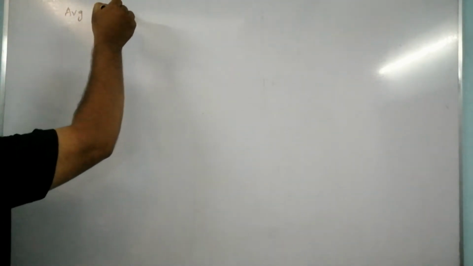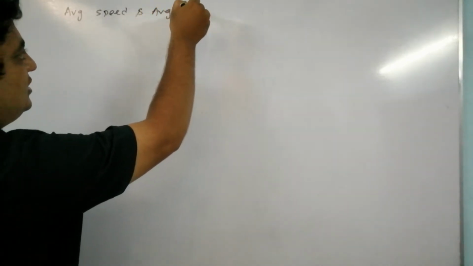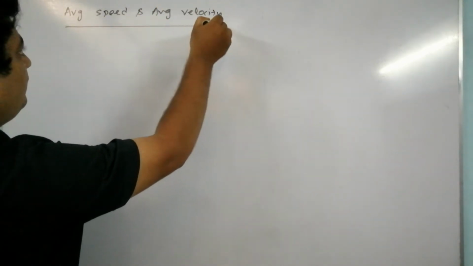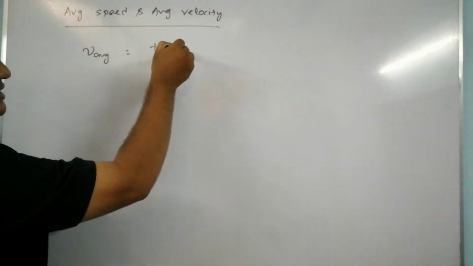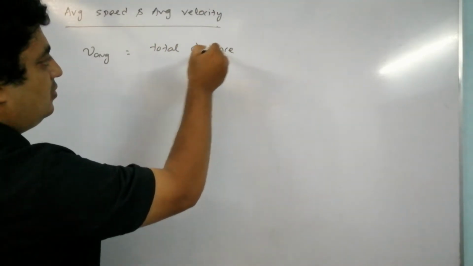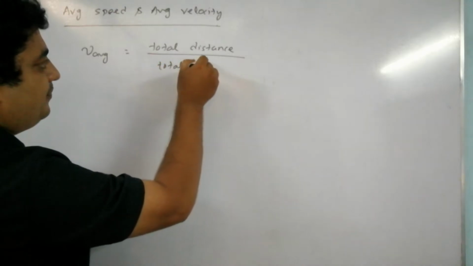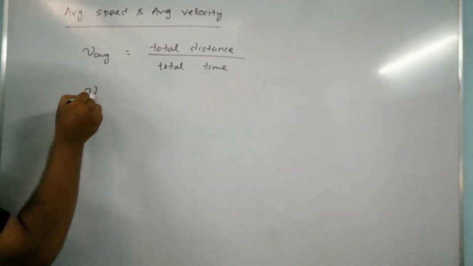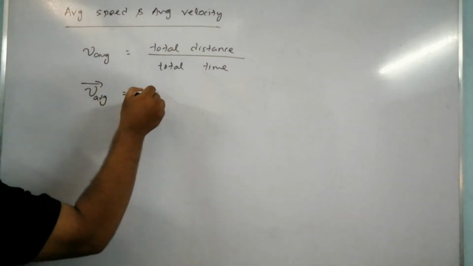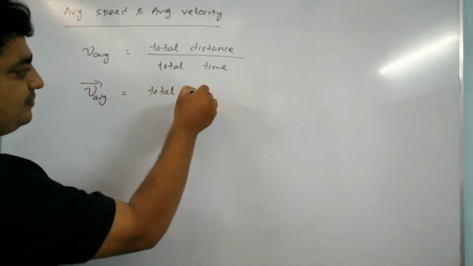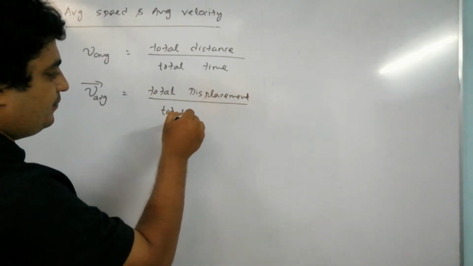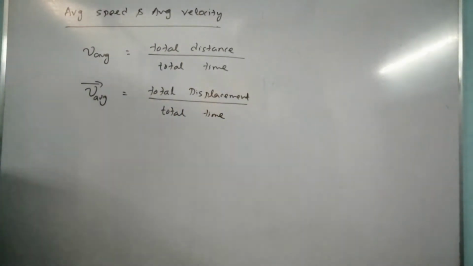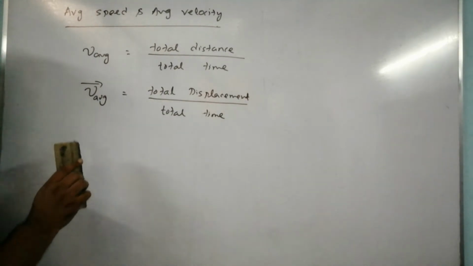Average speed equals total distance by total time, and average velocity equals total displacement by total time. Now, how can we calculate this average speed and average velocity?